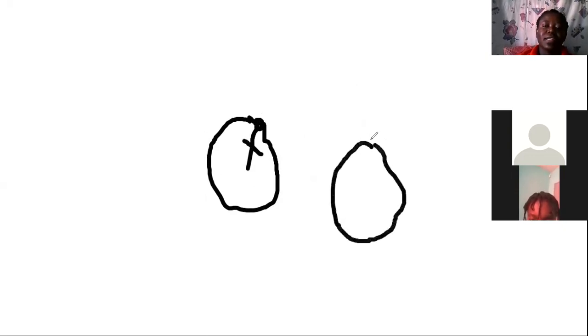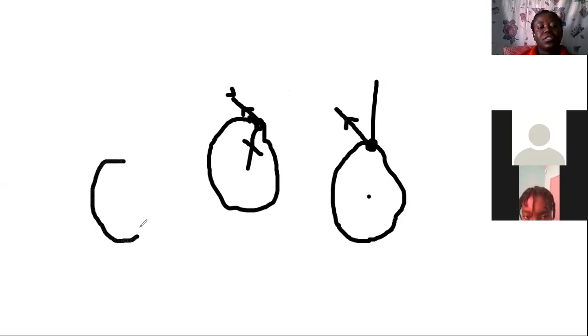Remember we said that the velocity of an object is always tangent to the circle. So if the spring breaks, your object will not move in that direction. It will continue to move in a straight line.